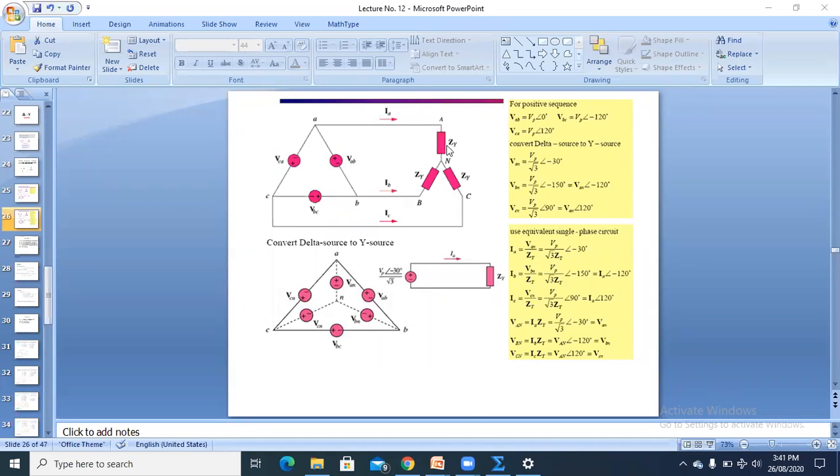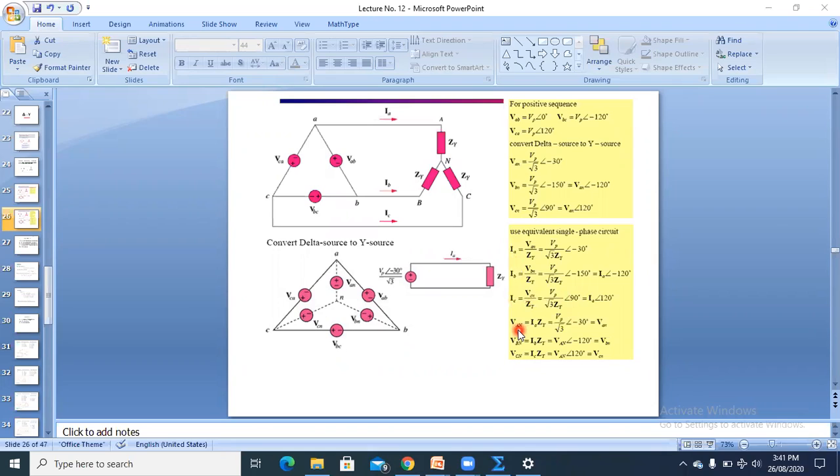Here you can see that the impedance ZY is the same in the Y network. So we take all the phase voltages and divide them by the phase impedance, and we get the value of the phase current, which is equal to the line current.